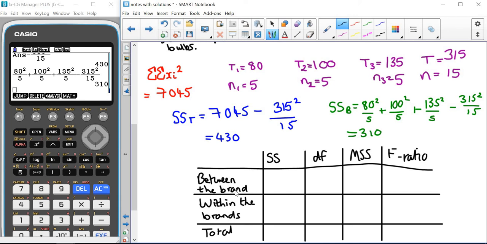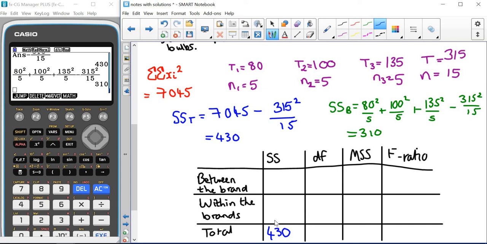So we need to now enter into our table what we have already found. We have already found the sum of the squares of the totals, so that was this 430 here. So that goes into our SST. So totals, sum of the squares.